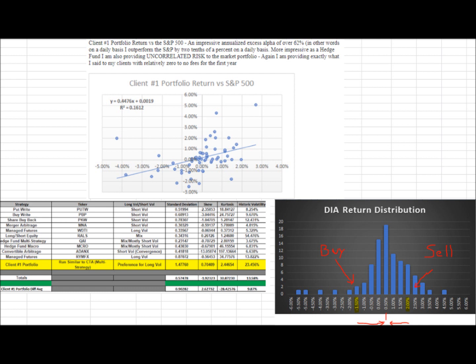So in this strategy, you're typically going to buy options that expire between 90 and 180 days.